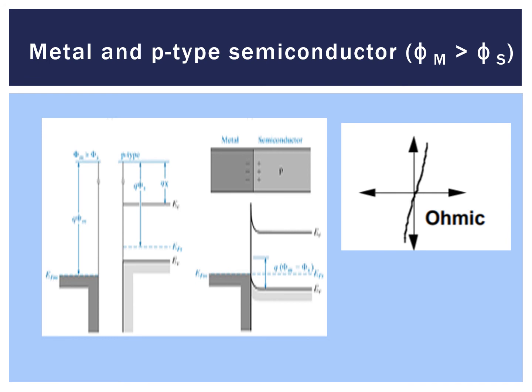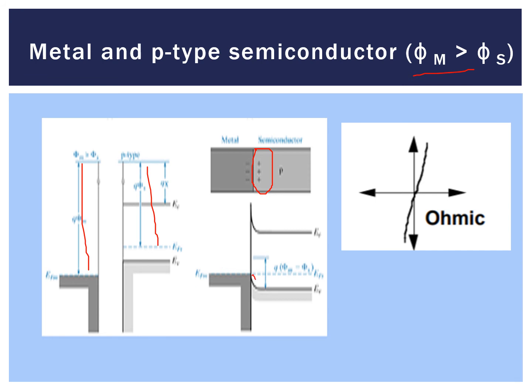Now let us look at the other case, whenever it is a p-type semiconductor and phi m is greater than phi s. Here also you can see that phi m is greater than phi s. This is before the alignment, and after alignment you can find the majority carriers accumulated at the junction of the p-type semiconductor.